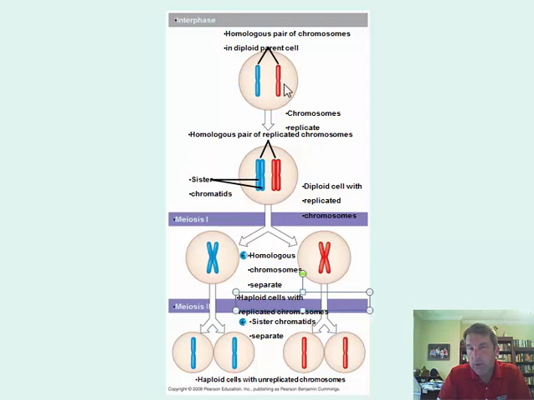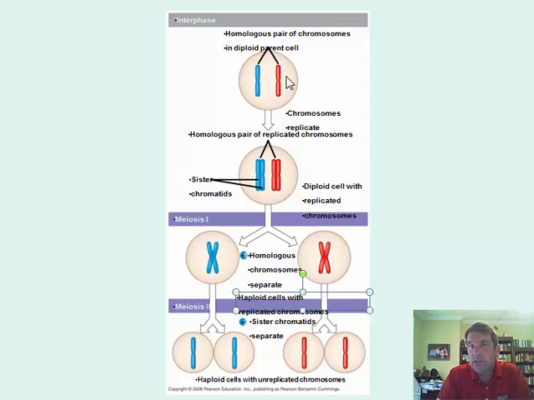So we start with our diploid cell. The diploid cell is just in its regular growth phase. And then when it gets ready to divide, now we are only talking about cells in the testes and ovaries, because this is the site where sperm and egg will be produced.